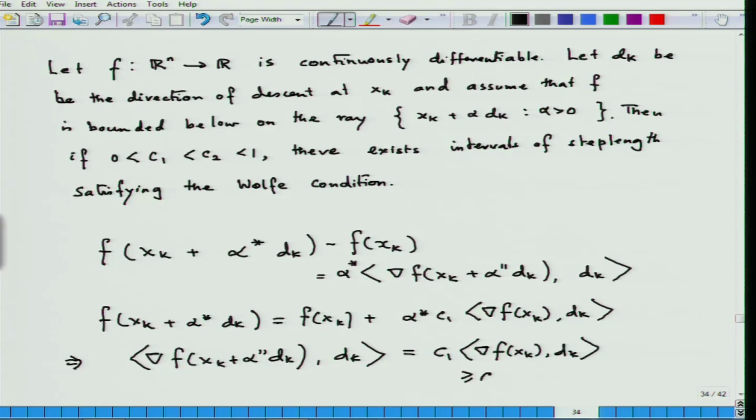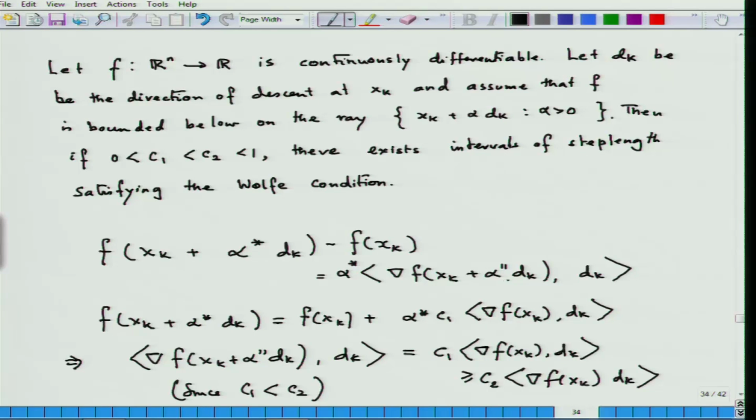So since C1 is lesser than C2, this quantity would be less negative than this one.